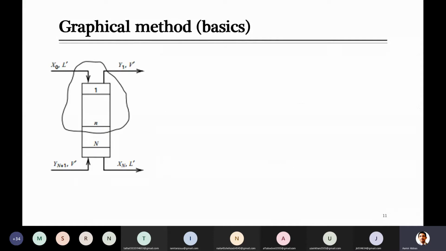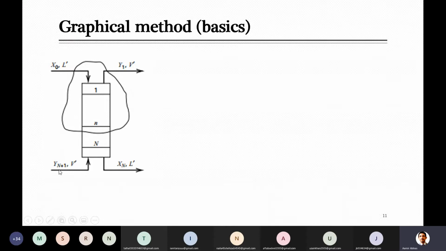This method is quite similar to that. Because we are discussing absorption as well as stripping at the same time, I will talk about the absorption column as well as the stripping column together.